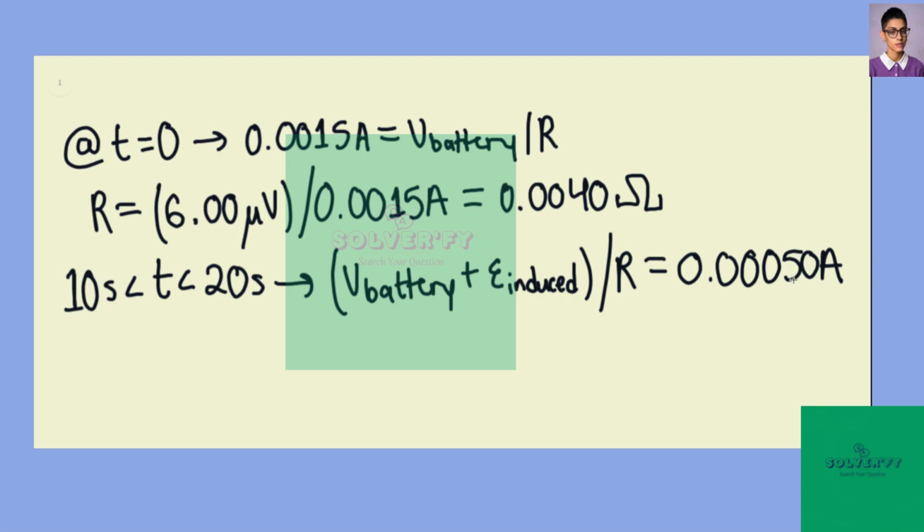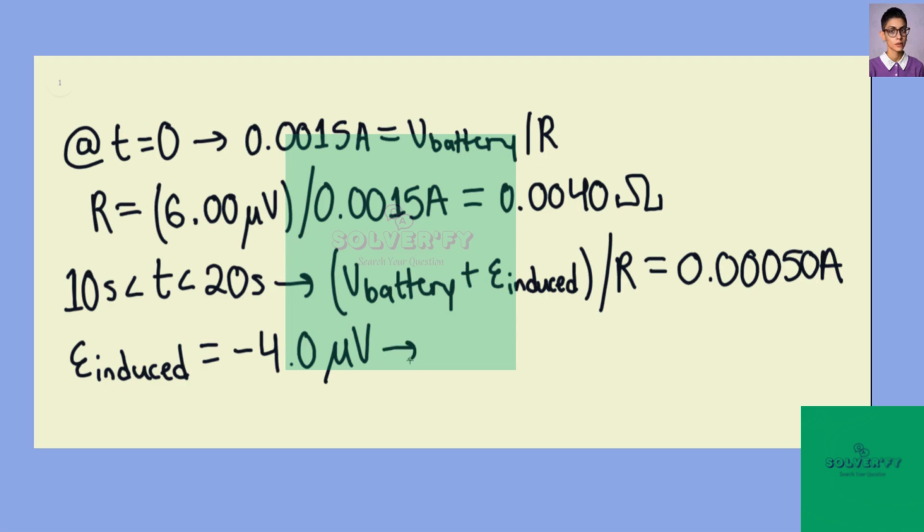And so we can calculate the induced EMF using our newly found resistance and the existing voltage of the battery. So we find that the EMF is going to be negative 4.0 microvolts.